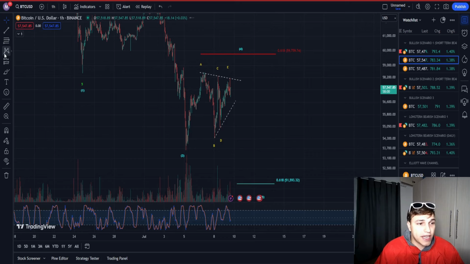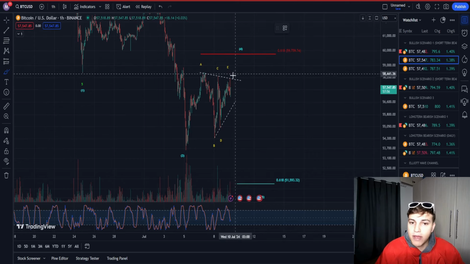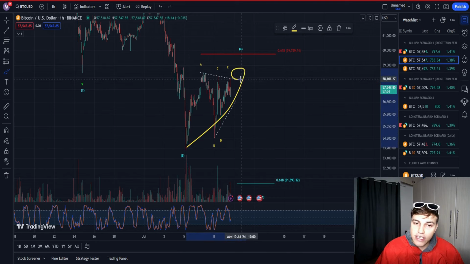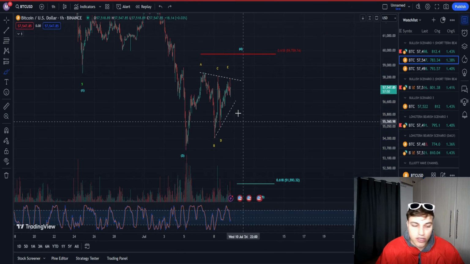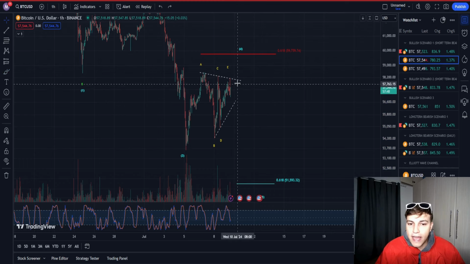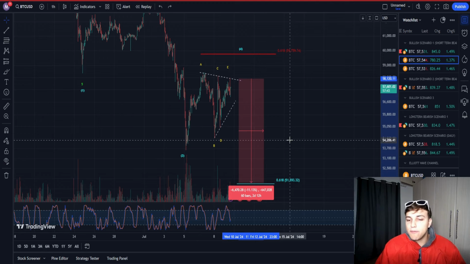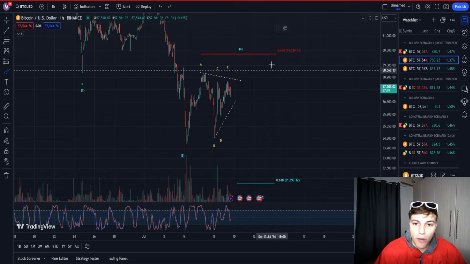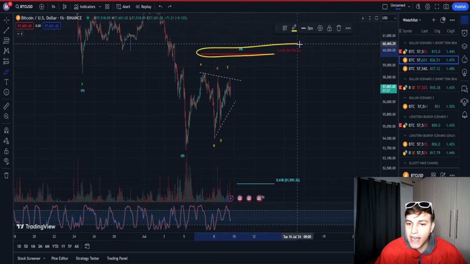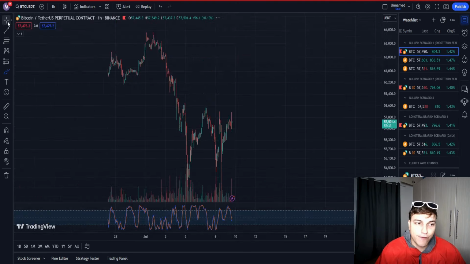At the moment, we can actually see quite a good short on the hourly time frame, as wave 4 could indeed be done with this wave E targeting that $51,000 level. This would be a 10 or 11% move playing out in this next week, with a stop loss sitting at the 0.618 at $59,750.